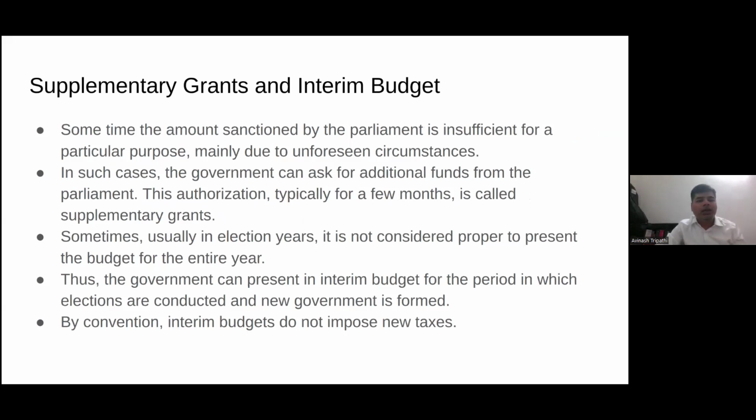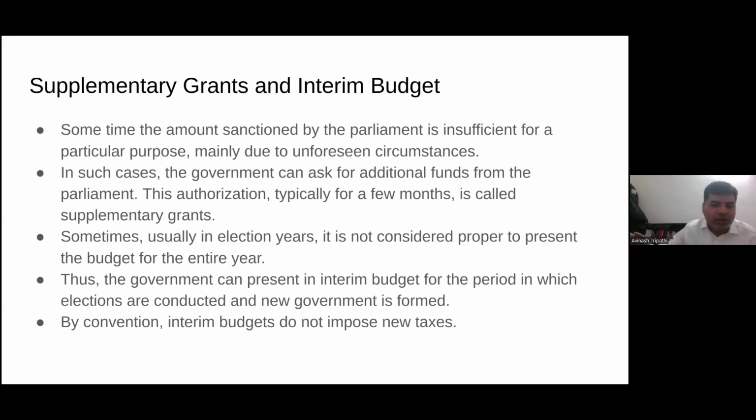Okay. Now, there may be some situations where, due to an unforeseen contingency, or for something that you did not plan for, there was an expenditure. So for example, let us say that the budget was passed for the year 2020, and then within the year you had COVID.